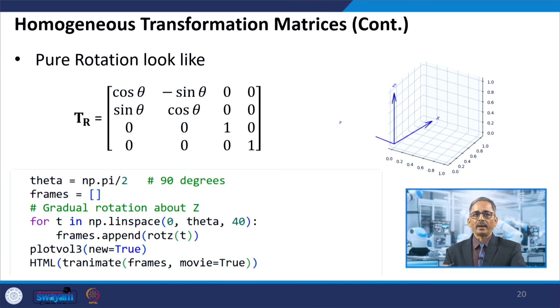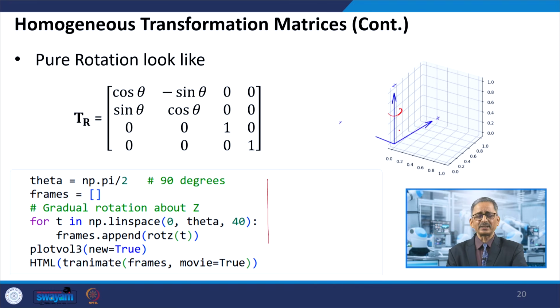Here, what you have just seen is the rotation about the z axis. The homogeneous transformation matrix for pure rotation about the z axis, say by 90 degrees, we can get using this code.